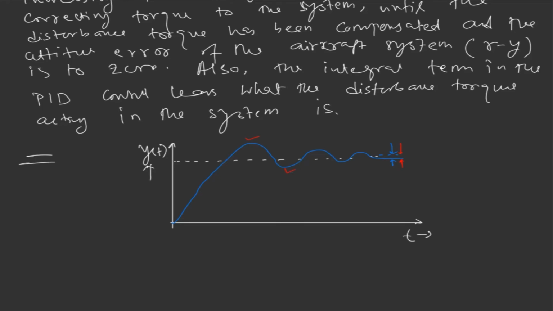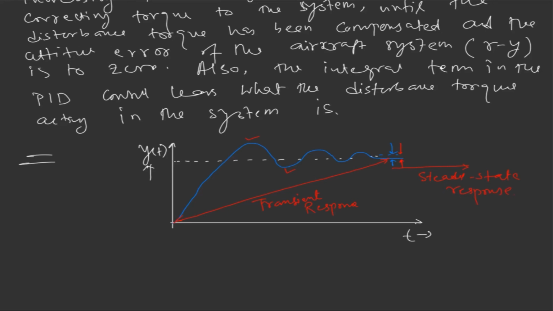Before the system goes to steady state, this is the part of the transient response. And once it reaches steady state, after that time, this is the steady state response.